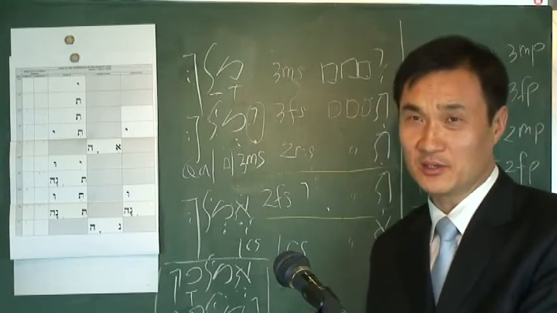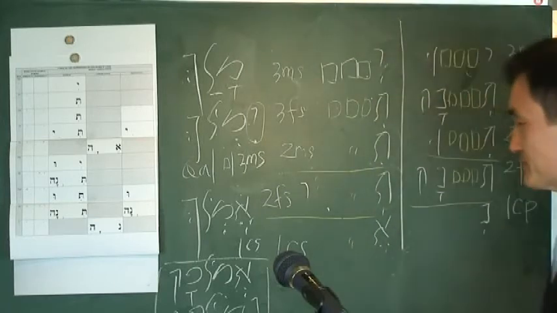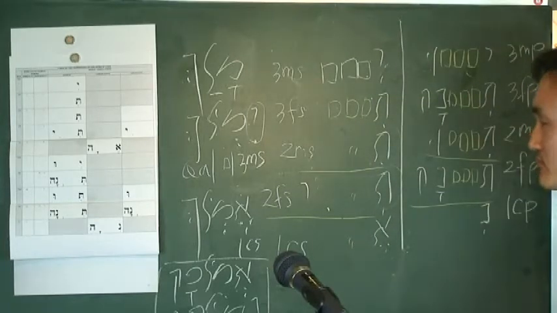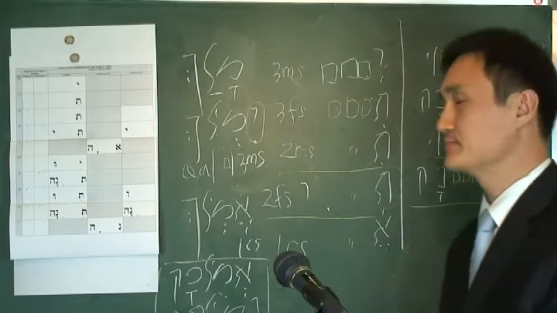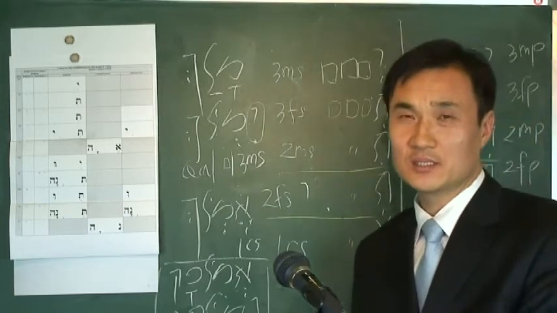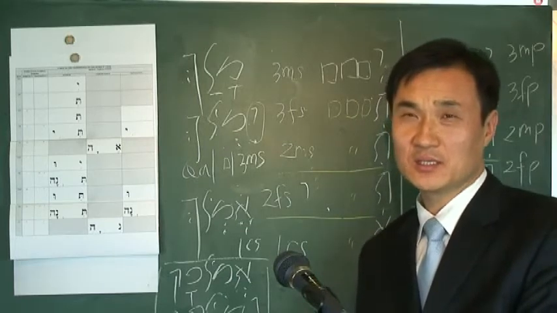In this way, we would gain the cohortative, the first person imperative, from the first person common singular of the qal imperfect form and from the first person common plural.